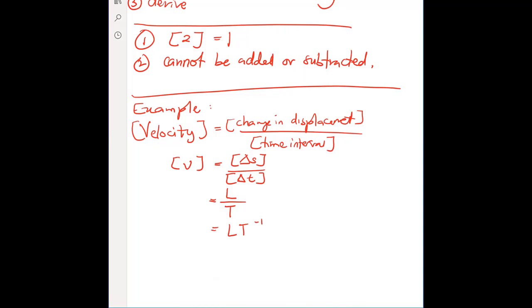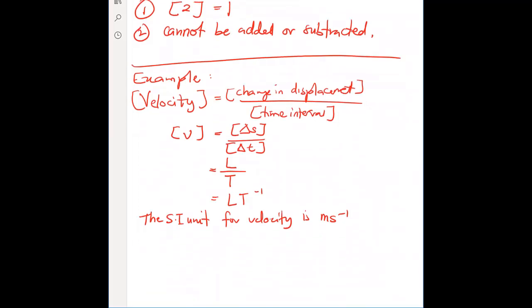And then we convert into the unit. Daripada symbol dimension tadi, L the unit is meter and T the unit is second. Dekat sini tak boleh letak sama dengan, kena letak. So therefore the SI unit for velocity is ms^-1. Okay, another example.